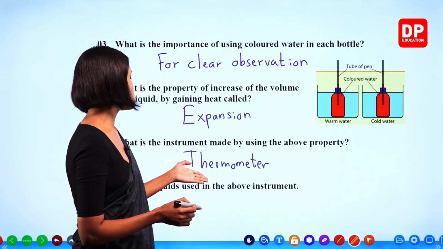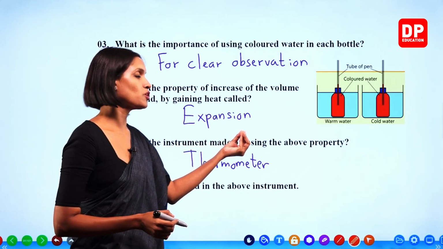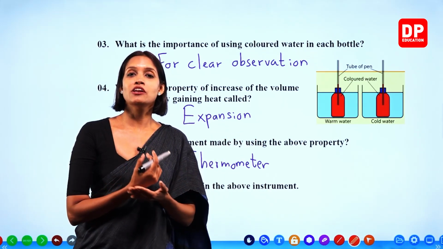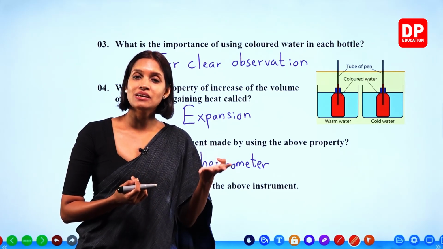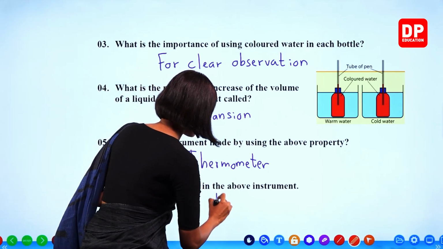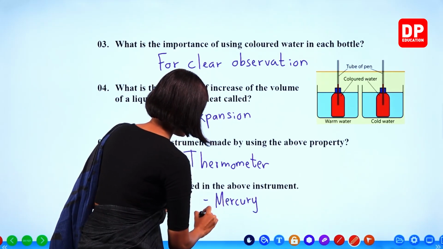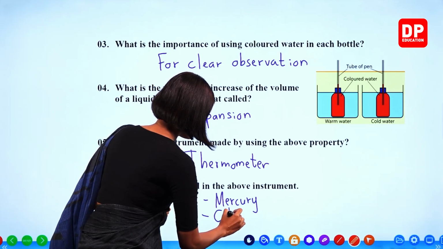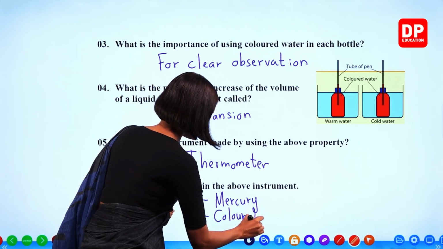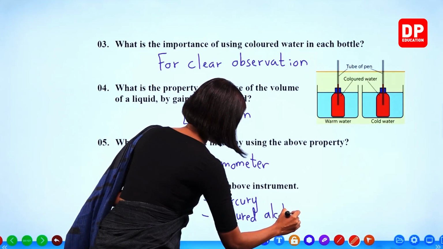Write 2 liquids used in the above instrument. To fill the bulb of the thermometer, basically, we can use 2 liquids, mercury and colored alcohol, okay? Again, we use colored alcohol for better observation.